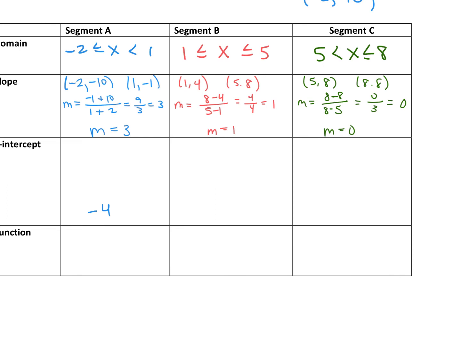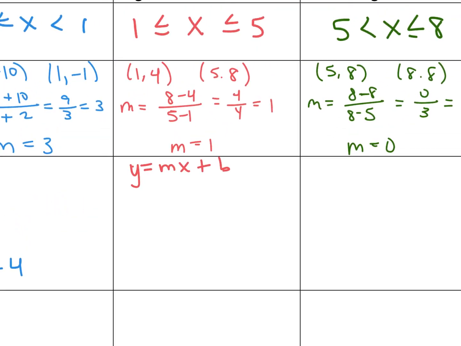Now to find a y-intercept, if you know the slope and one point on the line, you can find it. And here's how that's going to work. We're going to use the equation y equals mx plus b. I'm going to use this first point right here as my x and y, and I'm going to use this as the m.